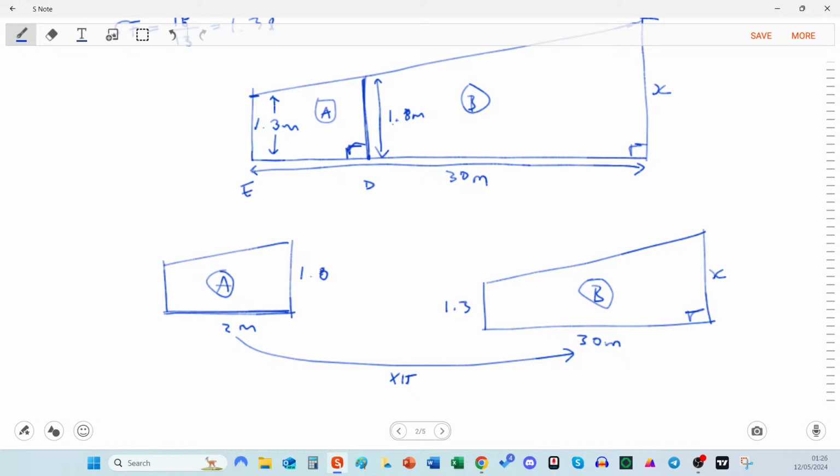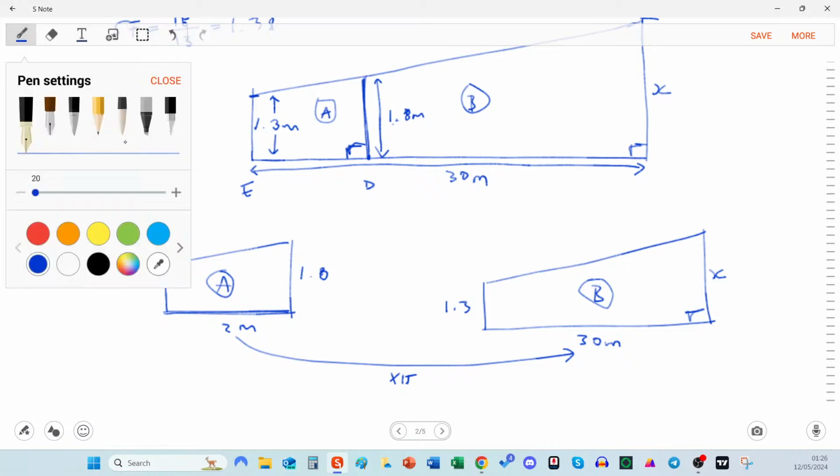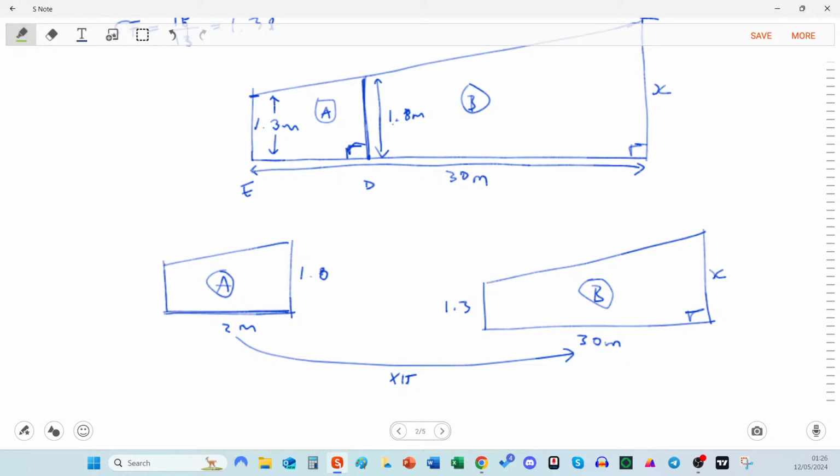And that would give us a calculation of what we want. I'll just highlight this in green from here to here: 1.8 times 15, which is 27.